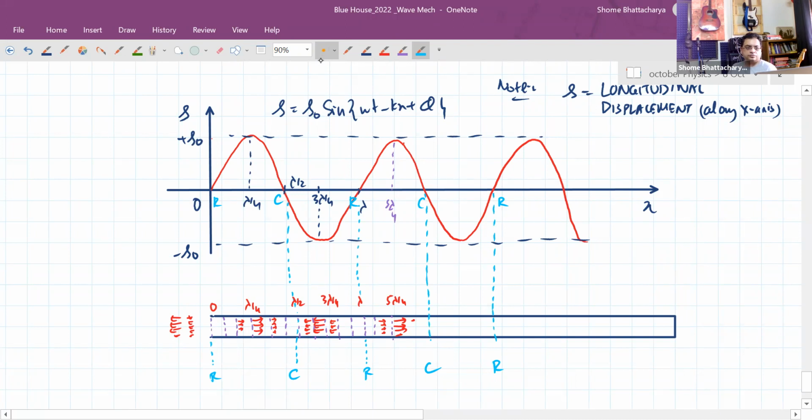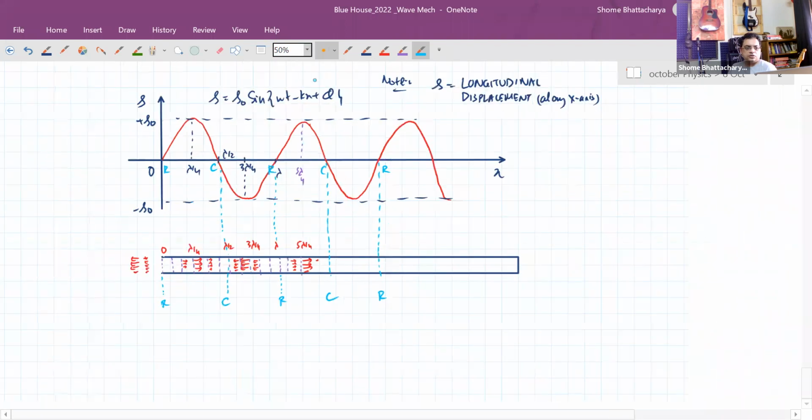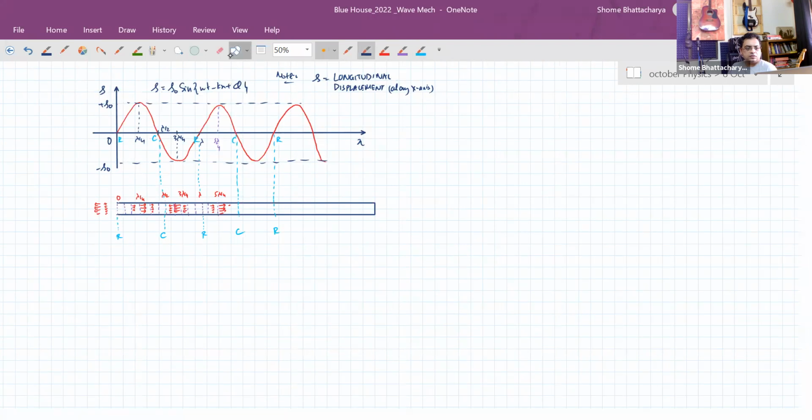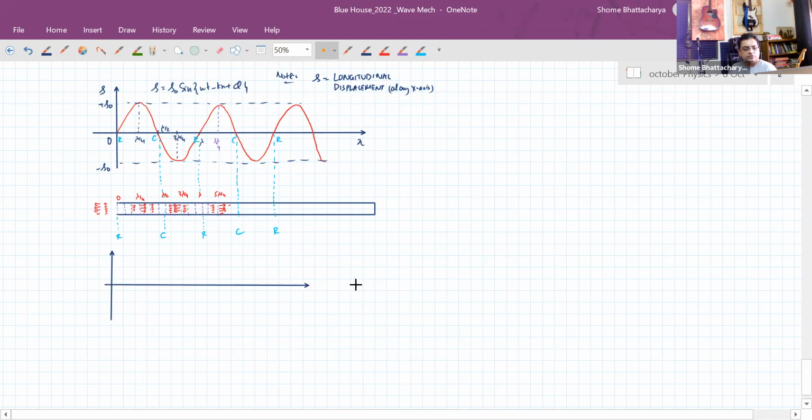Okay, so the corresponding volume stress, or what we call the pressure wave graph, that will be like this.